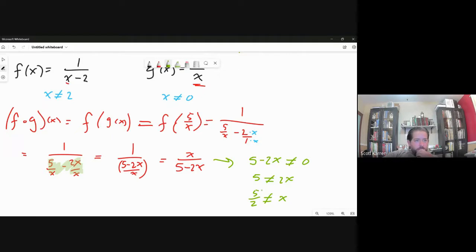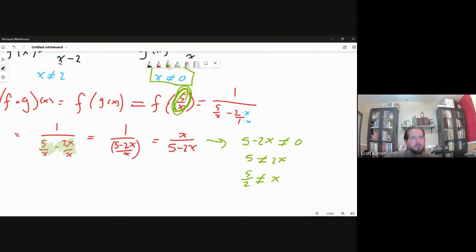But that's not the only domain issue that I have, right? That's the domain issue of f of g after it's been simplified. But since I plugged g of x into this thing, g of x's domain issue carries in, because if x was equal to 0, I wouldn't have had a number to plug into here in the first place. And so I also have to consider that the input function also has a domain that sticks. And so x can't be equal to 5 halves, but I also have to then say x cannot also be 0.